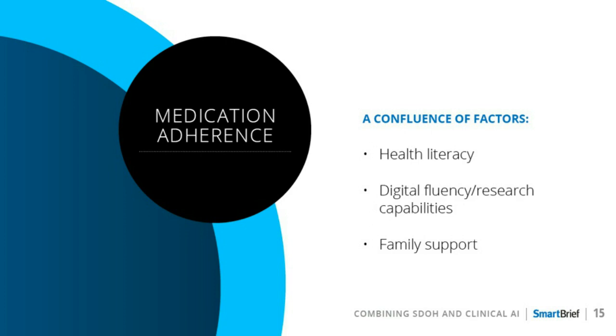Certainly. One of the things to understand about artificial intelligence and social determinants of health and lifestyle, how much you exercise, how social you are, what your digital fluency is, is that they all interact with each other. There's no individual standpoint.